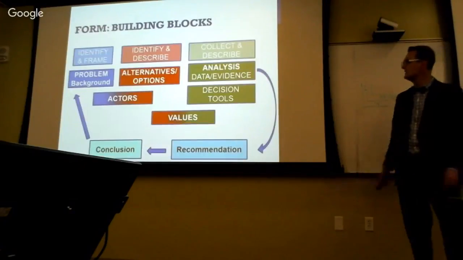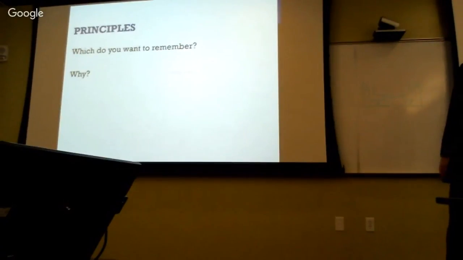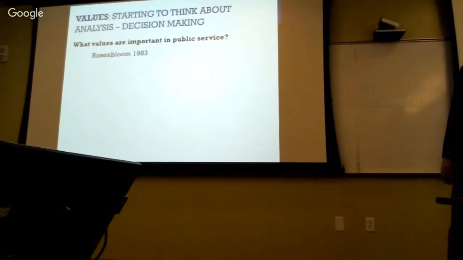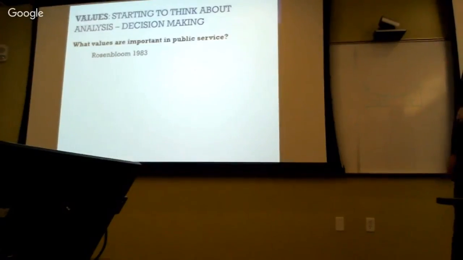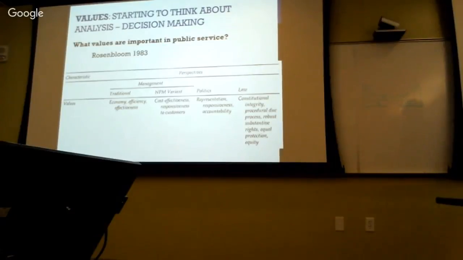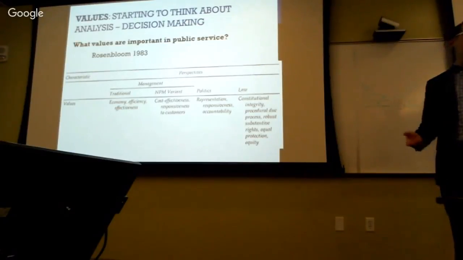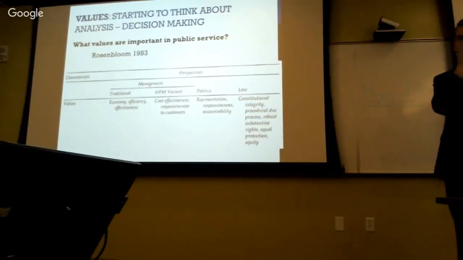All right, let's go on to this next thing. We're going to have to skip a couple of things. For those of you sitting there saying, values, what values are important? What's important beyond efficiency? I'm going to show you this once again, and I think we're in a better position to digest this now.